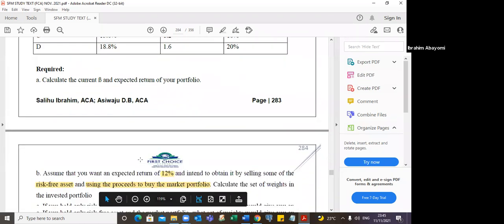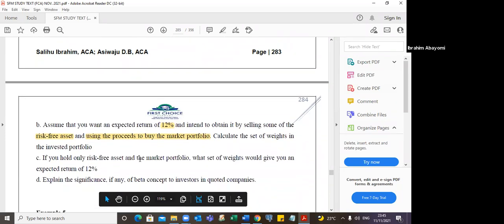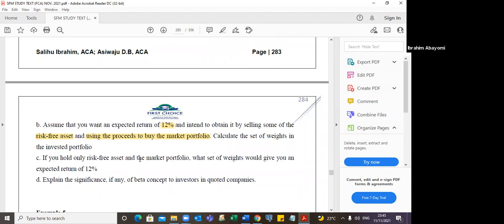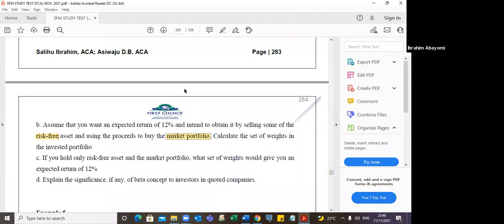We want to sell part of the risk-free asset and invest the proceeds in the market portfolio. So two things are missing here: the risk-free rate and the market return. The market return is the return you're going to get in the market.